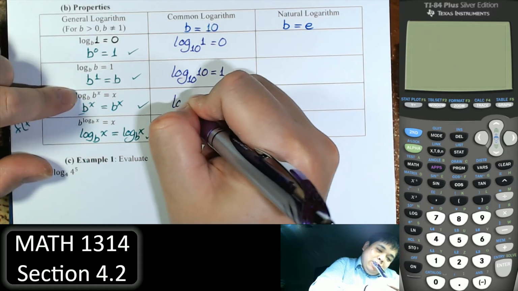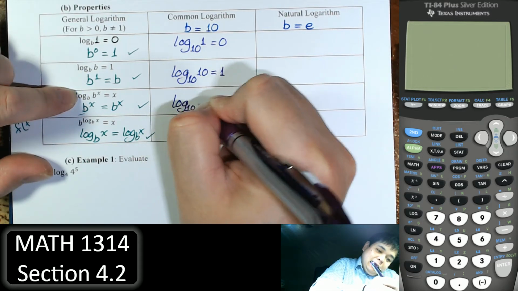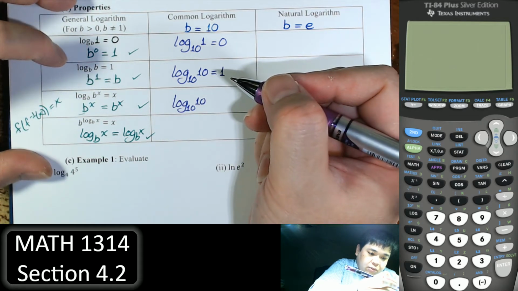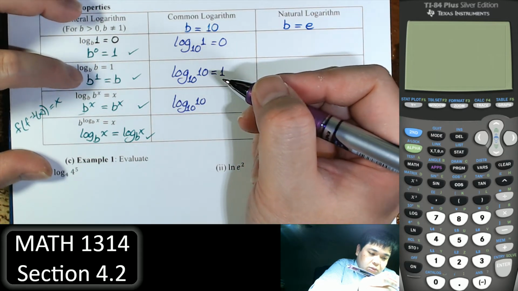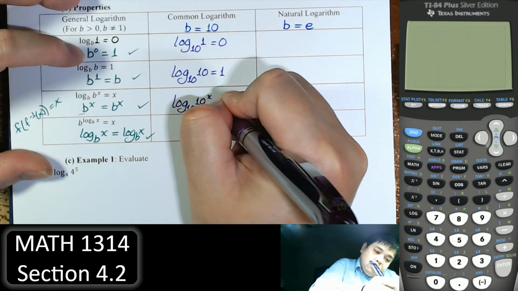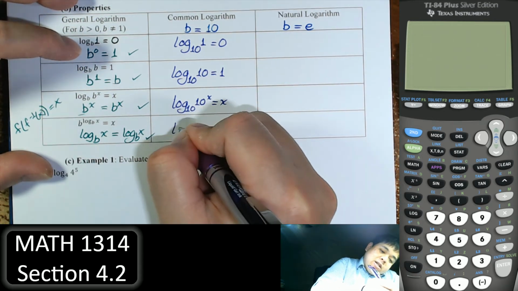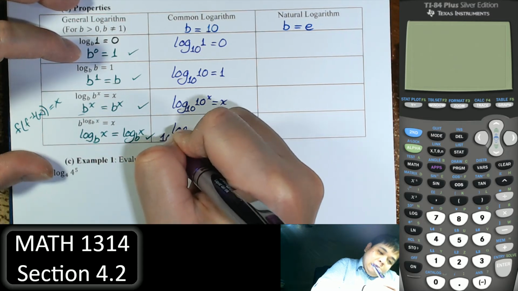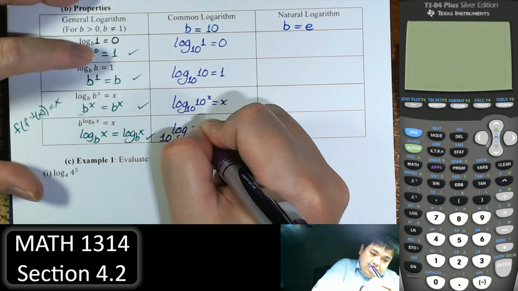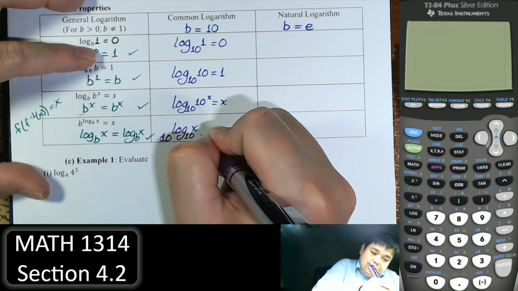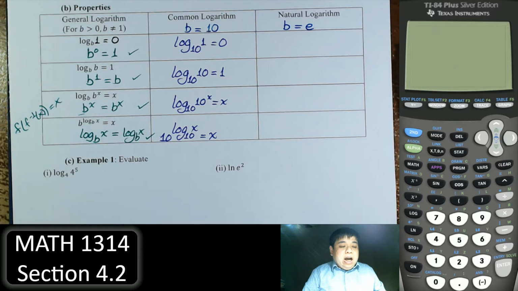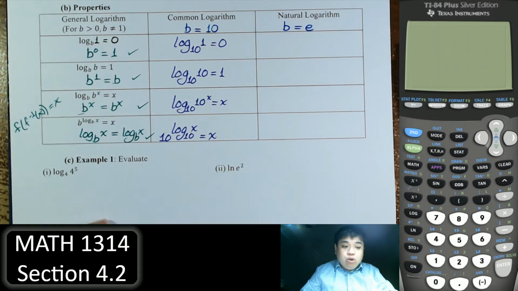Replace 10 with b. Replace 10 with b. Right. Once we replace, notice that for the common log, we do not need to write the base 10.